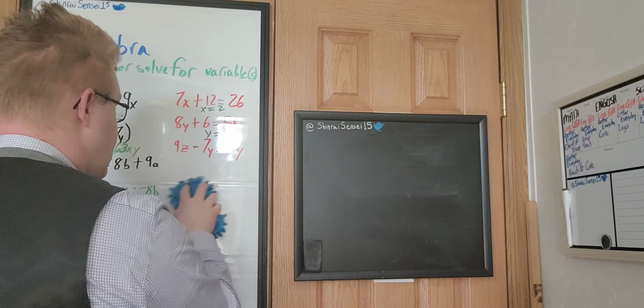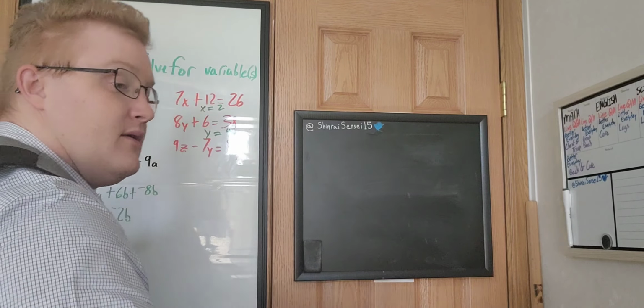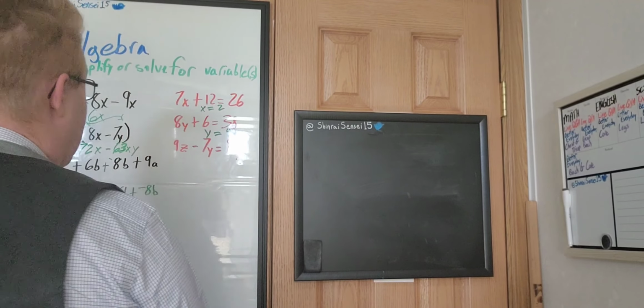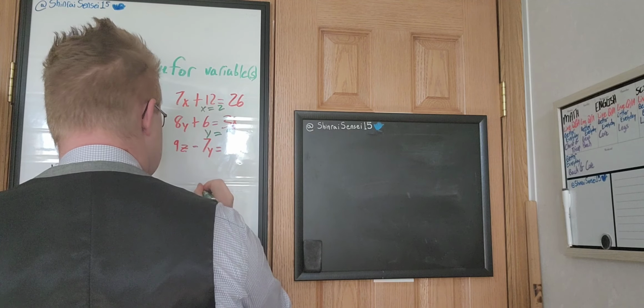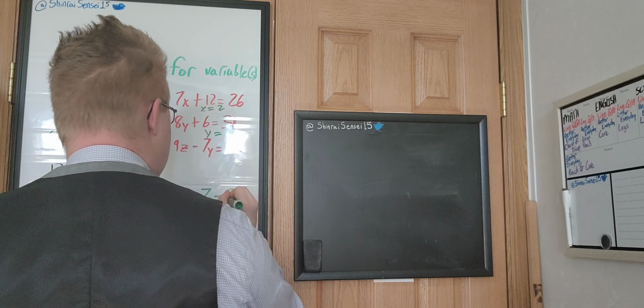Now, let me erase this real quick. Now in this case, we have 9z minus 7y equaling 8y.